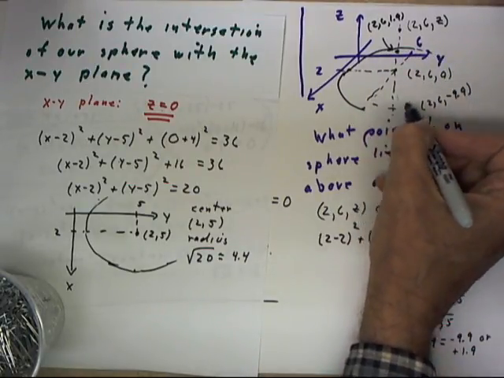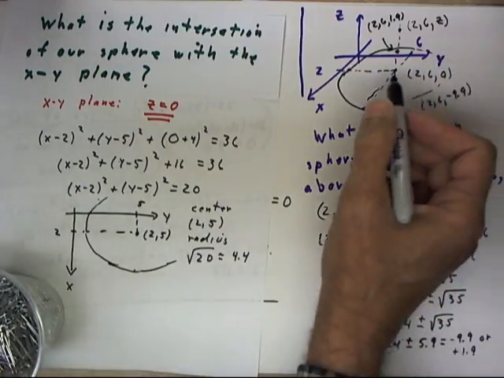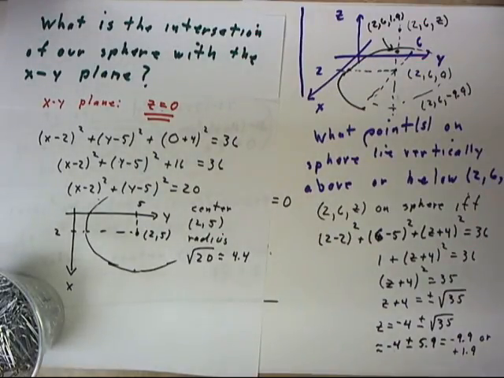Okay, I'm not going to complete it, but it comes around, and the circle intersects the xy plane on this circle.